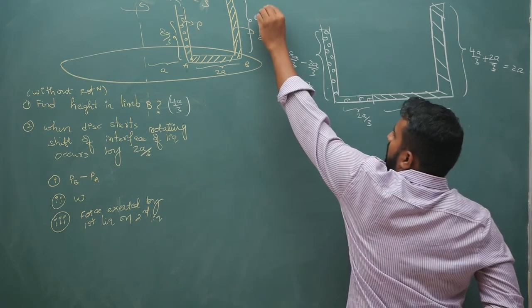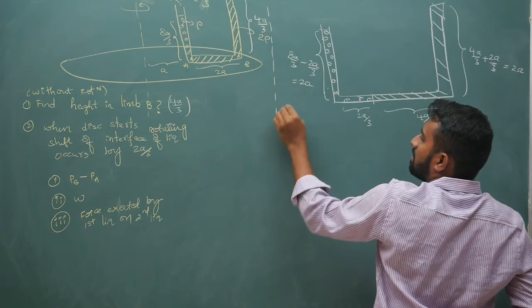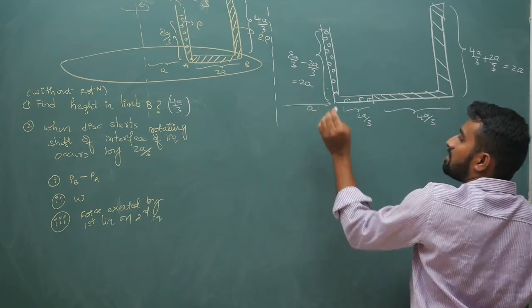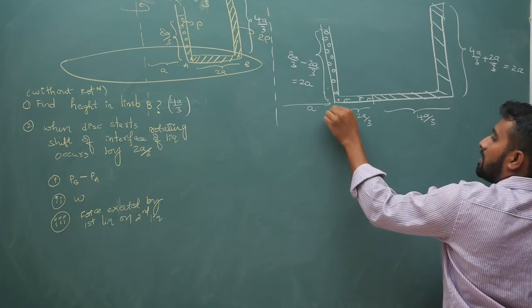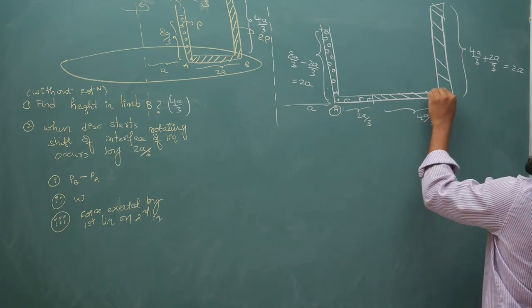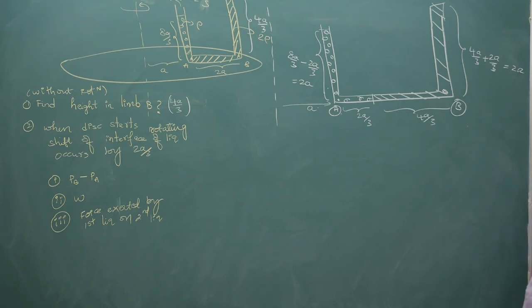The axis of rotation is here at a distance a. This is your point A here, this is your point B here. So the first part, PB minus PA, is asked.